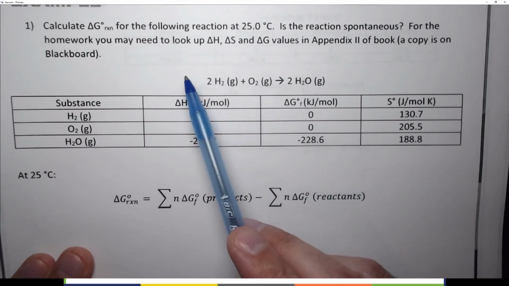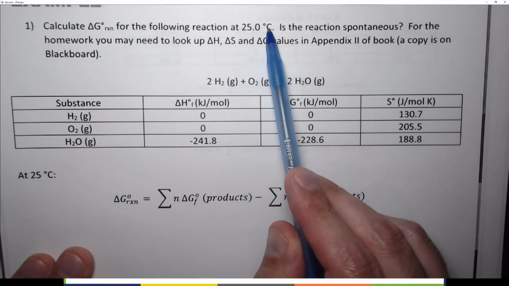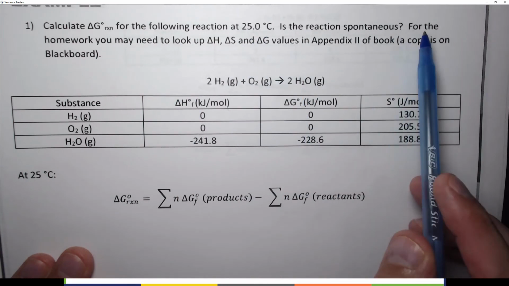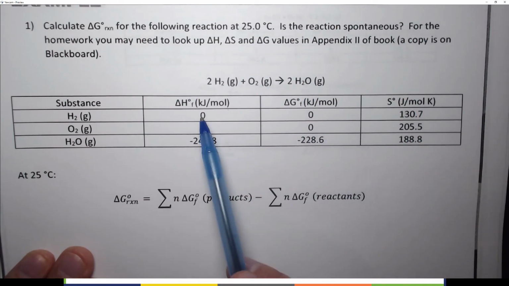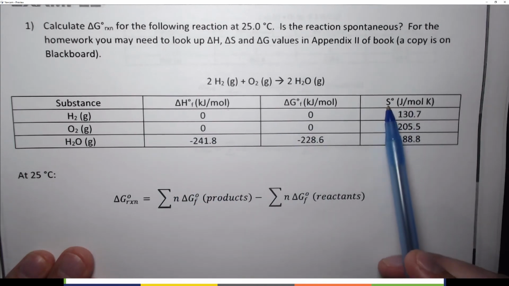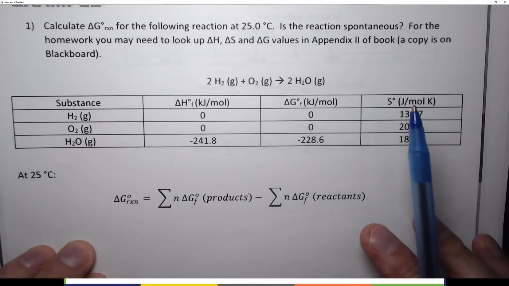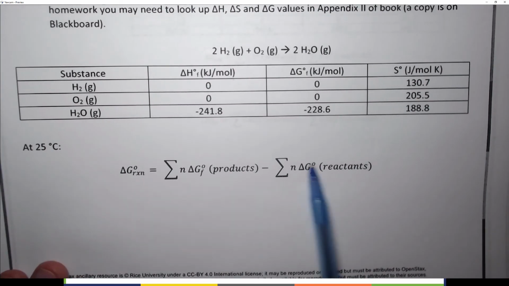You can Google this. All right, but it says, calculate delta G for the following reaction at 25 degrees C. Is the reaction spontaneous? So these standard enthalpies, Gibbs free energies, and entropies are at 25 degrees C in the standard state. So we can use this reaction because it is in the standard state.